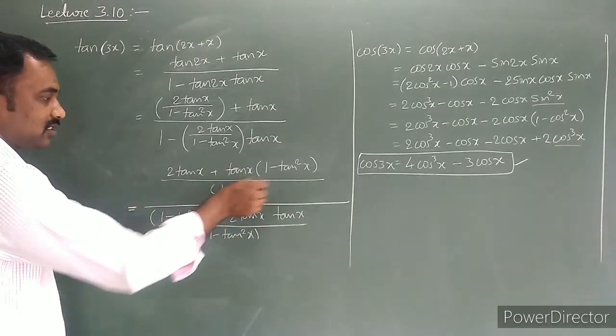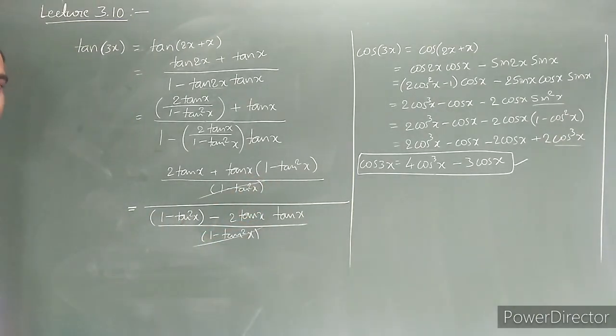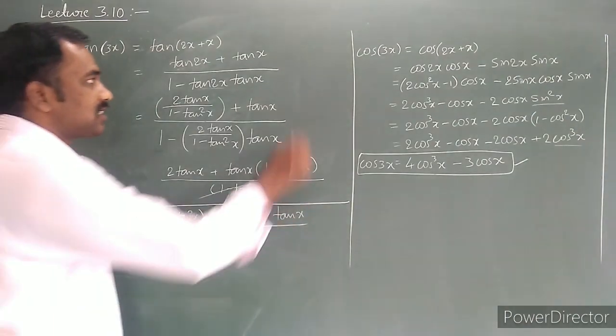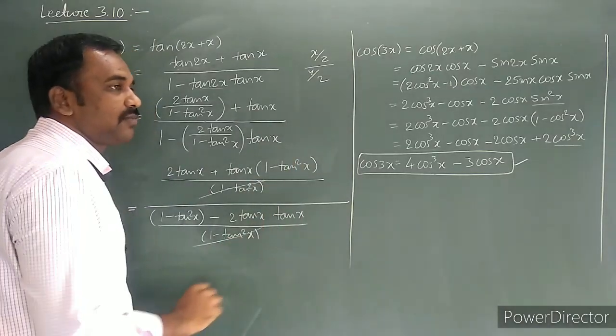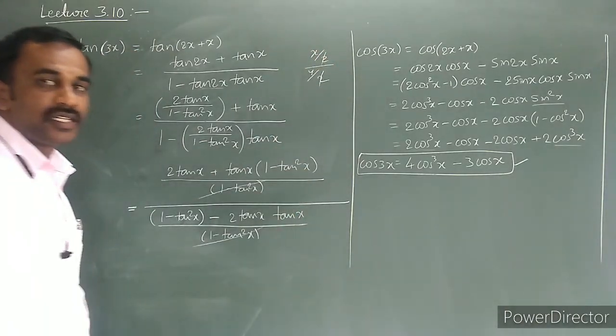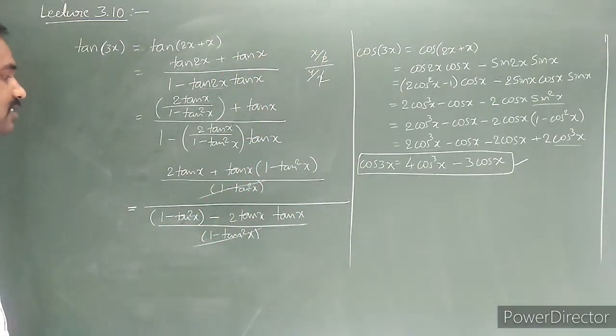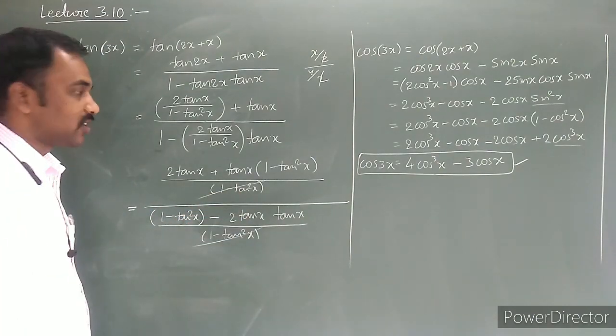Shall I cancel 1 minus tan square x? Yes, you can cancel it. For example, x divided by 2, whole thing divided by y by 2. Can you cancel the 2 too? Yes. In this manner, I just cancel the 1 minus tan square of x.